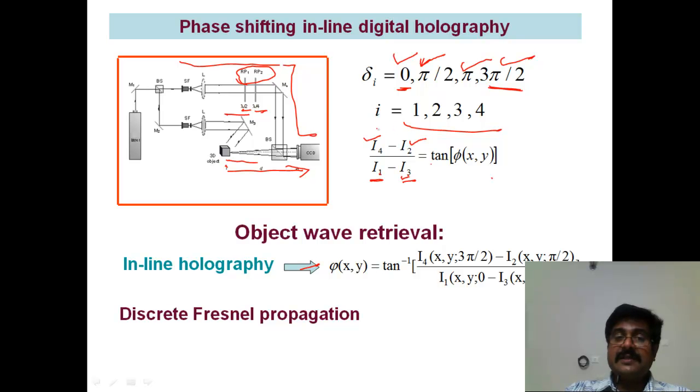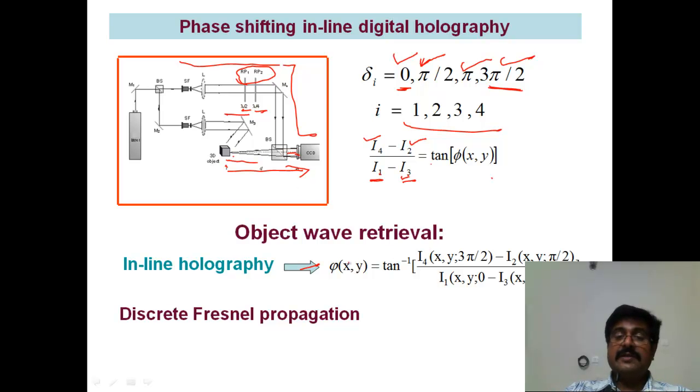What is recorded at the CCD plane? If you do an inverse Fresnel transform back over the distance d, we get the exact object phase. So we retrieve the complex object wave, free of DC and twin image, at the CCD recording plane, and then do an inverse Fresnel transform to get the exact object wave.